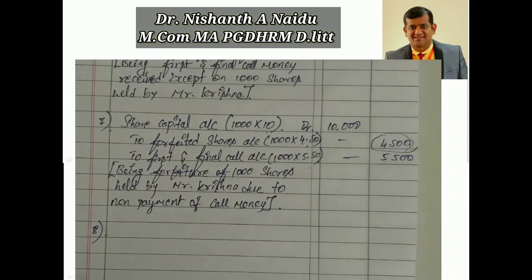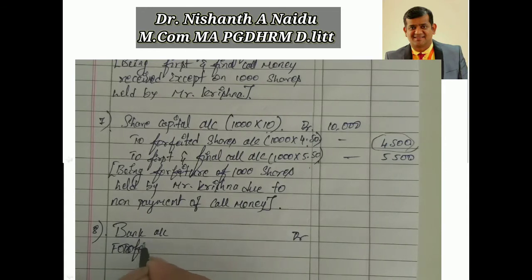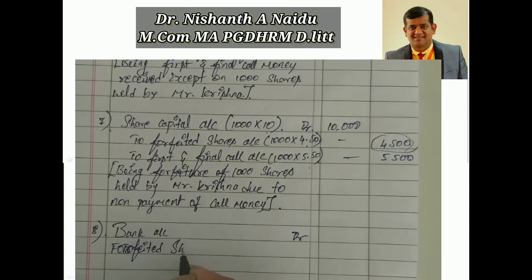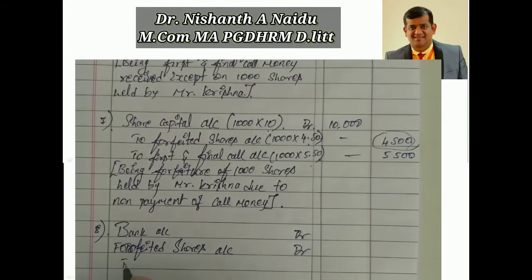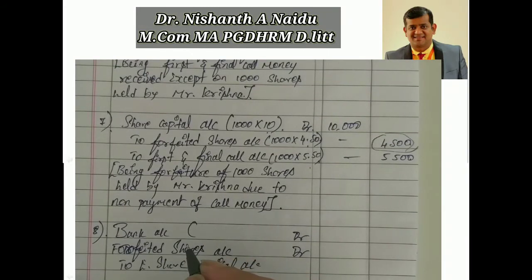Now I'm passing the reissue entry. So reissue entry is always bank account debtor to, not to, we have to write forfeited shares account debtor to share capital account, to equity share capital account, because for how much I am receiving each share at 8 rupees.